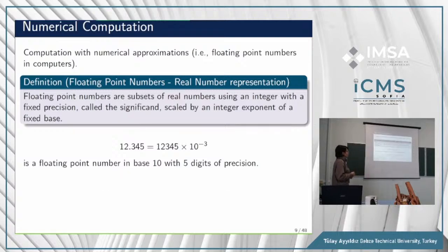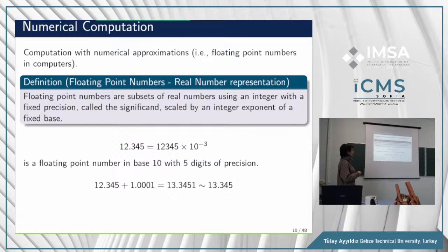But in a computer, if you fix the precision to 5 and you want to add up this number, another 5-digit precision floating point number, and you add this number to this number, what you end up with is 6 digits. So in the computer, if you fix the precision to 5 digits, it will round this number to this number.